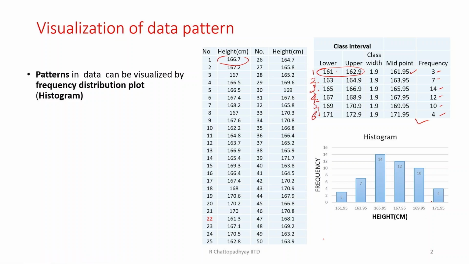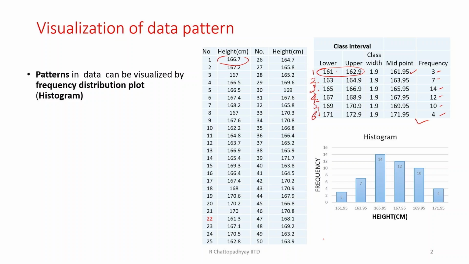So this is the histogram plot which you see at the bottom. And you see in each bar, the frequency values are also written. This histogram you can easily draw by using Excel. So one has to be quite familiar with Excel, and if you have a set of data points, you can do all this job within maybe 10-15 minutes.